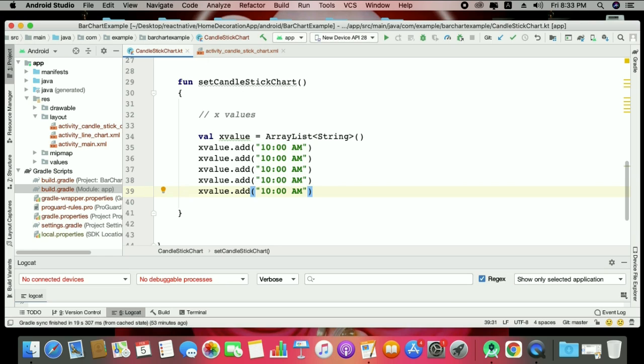If you're using 5 X values, then you have to work with 5 Y values with indexing. You have to do an increment on that.